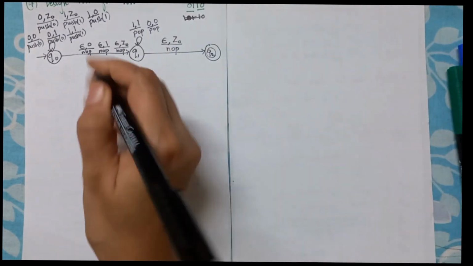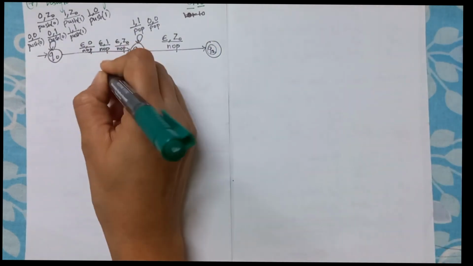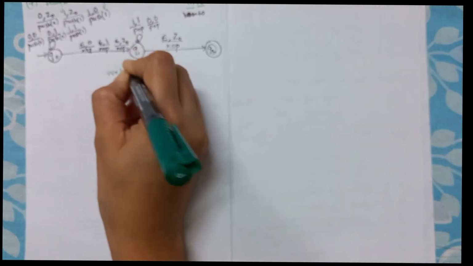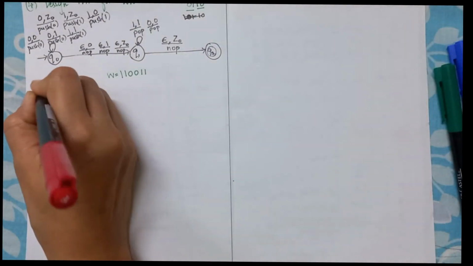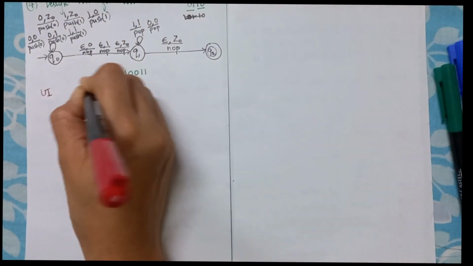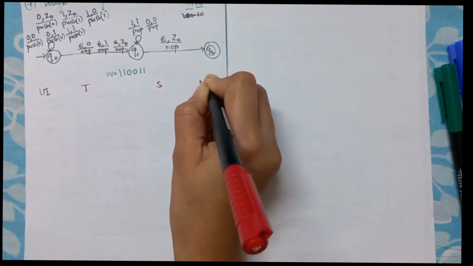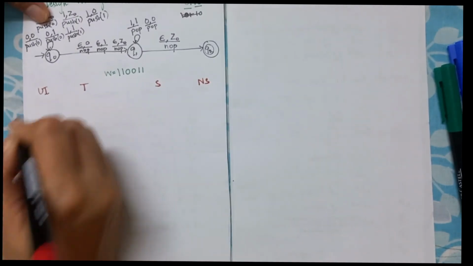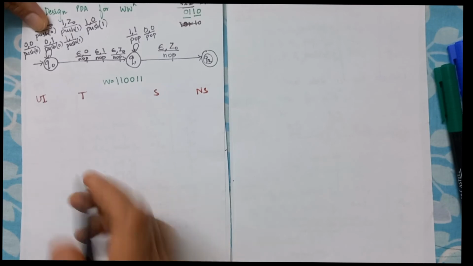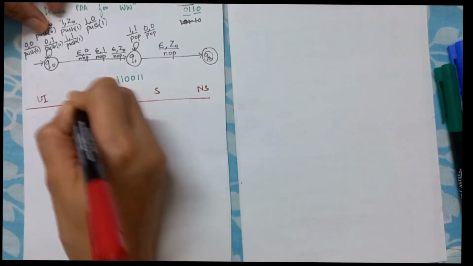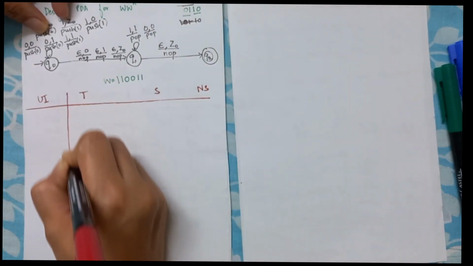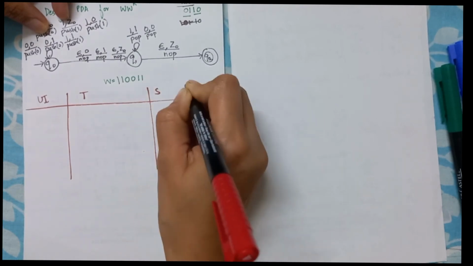So I will take one example. Let the word be 110011. So I have input, the transition, stack, and the new state. Okay.